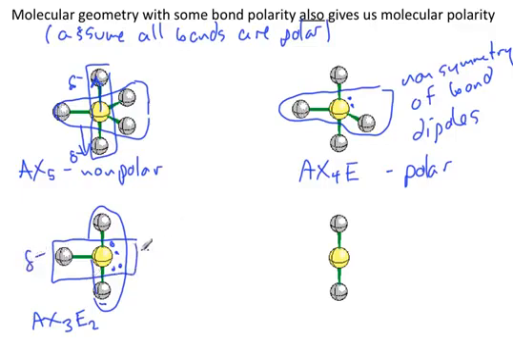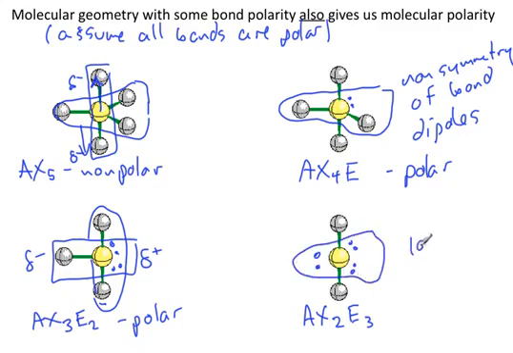That's going to be delta negative, that's going to be delta positive, because I've lost those bond dipoles that would give me symmetry. And so an AX3E2 orientation would be polar. So the last one is then AX2E3, and I think you'd all see that that is going to be a nonpolar molecule. I now have symmetry, basically, of these lone pairs.